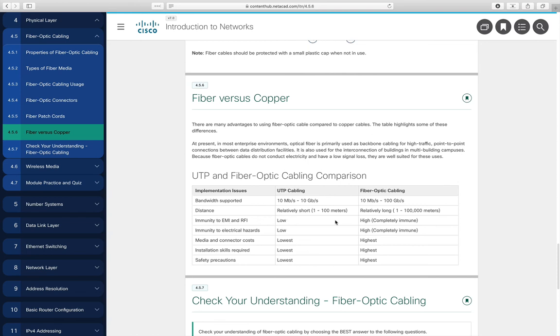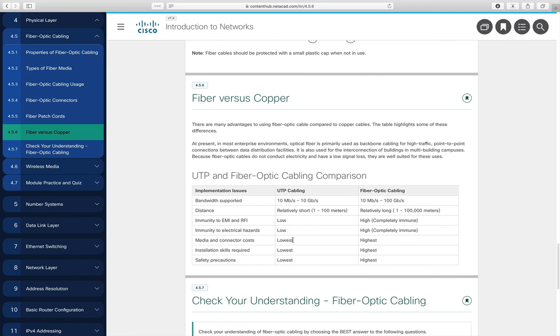It's really bad in copper cable. It's almost completely immune in fiber optics. Electrical hazards, same thing. There's low immunity to electrical hazards because copper conducts electricity. It is high in the case of fiber optic because plastic and glass do not conduct electricity.